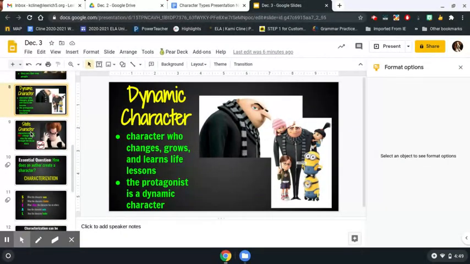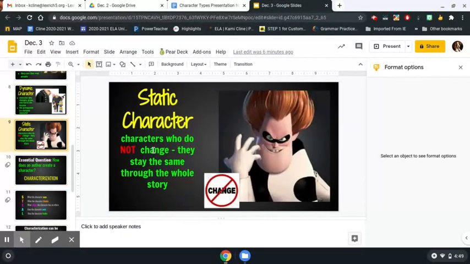So the opposite would be a static character. A static character does not change. They stay the same through the whole story. So maybe they are evil in the beginning of the story. They're still evil at the end.